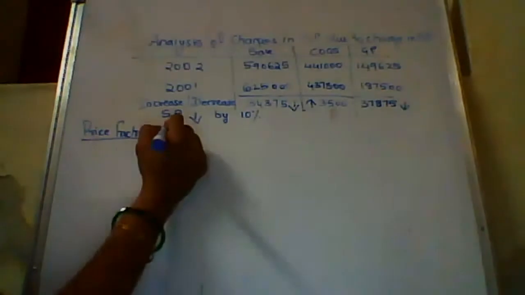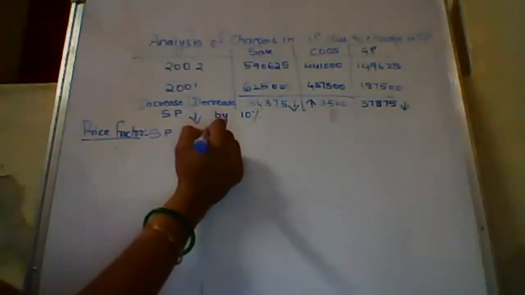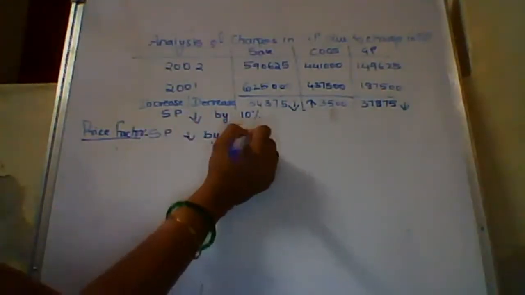The selling price change, he says, is reducing by 10%, right? Now always remember, whenever you're doing your working notes, you do the calculations always on the current year. Why? From the current year you will find out why there is an increase or decrease in the current year.